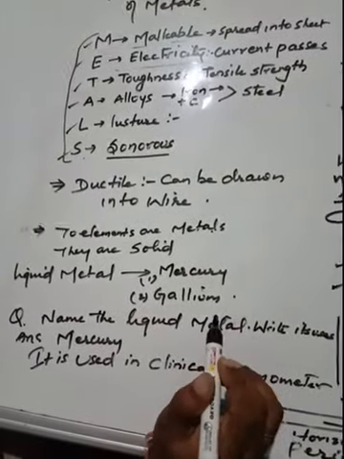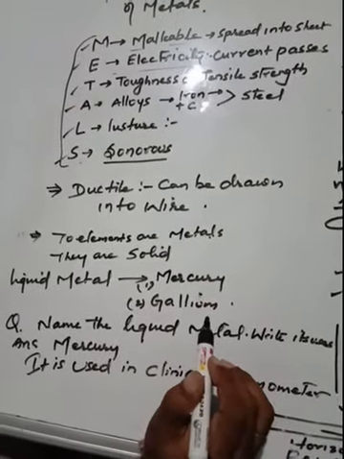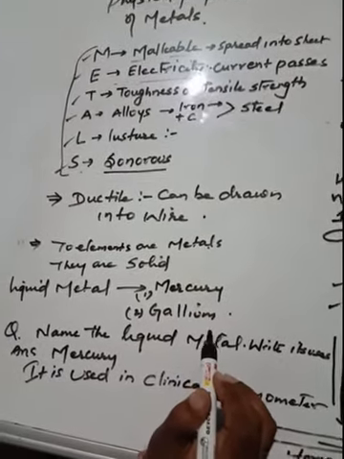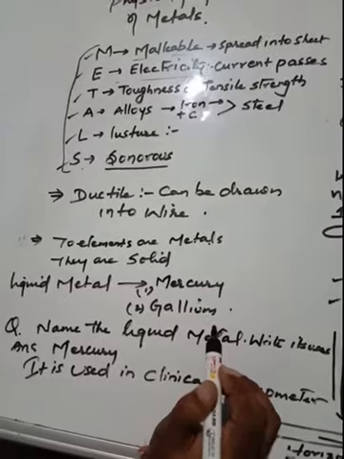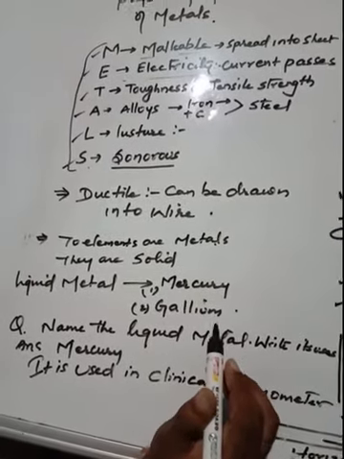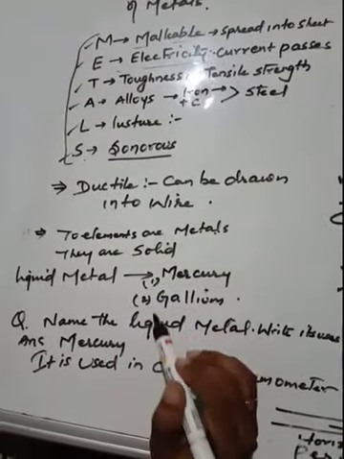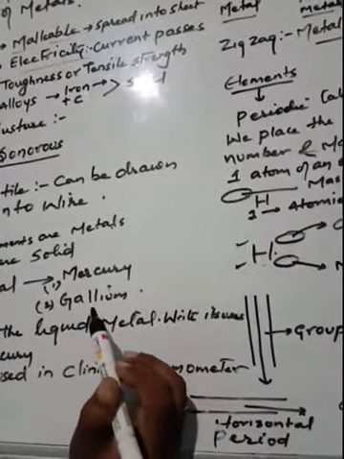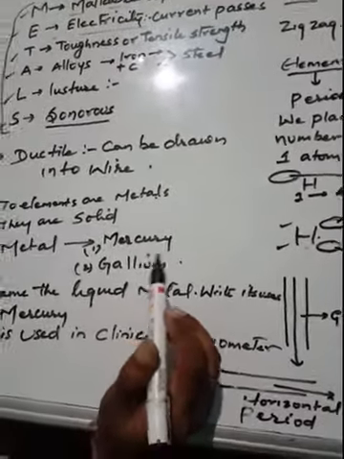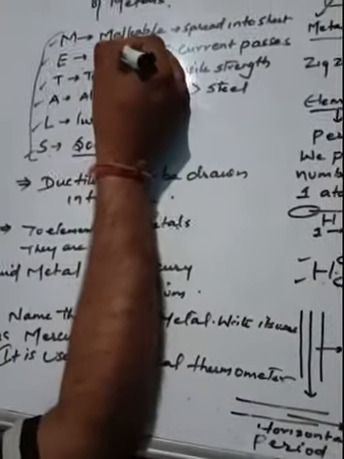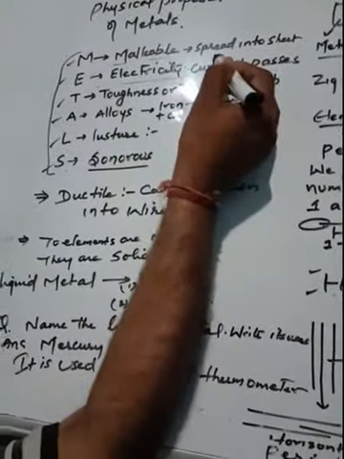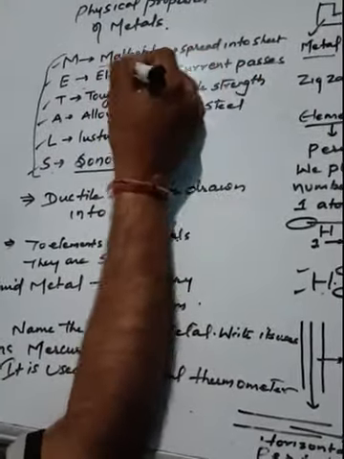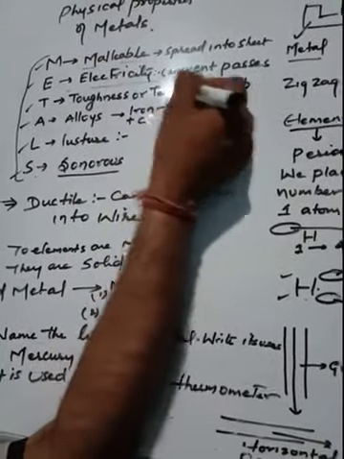But if you move to the non-metals, you will find it is totally different. Whatever properties are observed in metals are not observed in non-metals. Suppose non-metals can't be malleable. If you try to beat them, they will shatter into pieces. If you want to pass electricity, it will not pass.